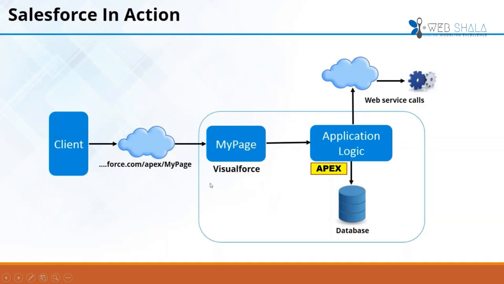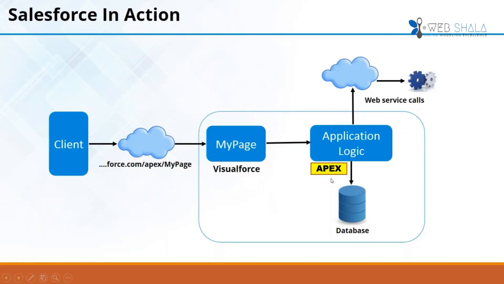V means view, which is my Visual Force pages or any standard or custom pages which I am creating. C means controller. Controller is nothing but the application logic or business logic which we create in the middle, so that my database can interact with my view and the view can interact with my database, or model. Clear to everyone?